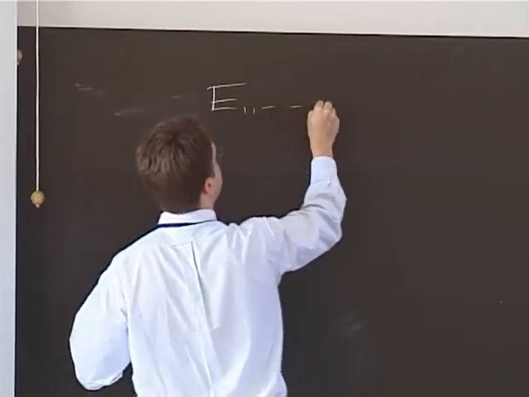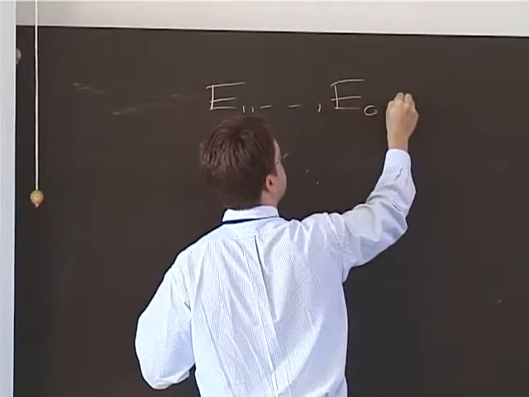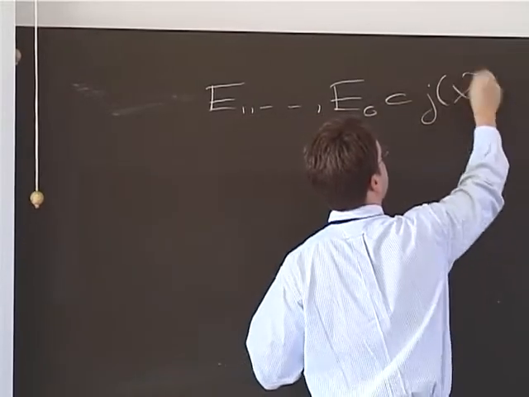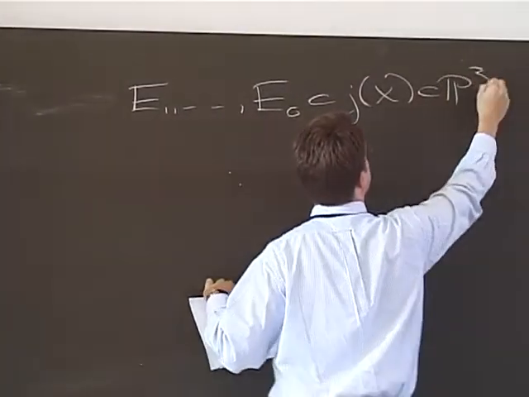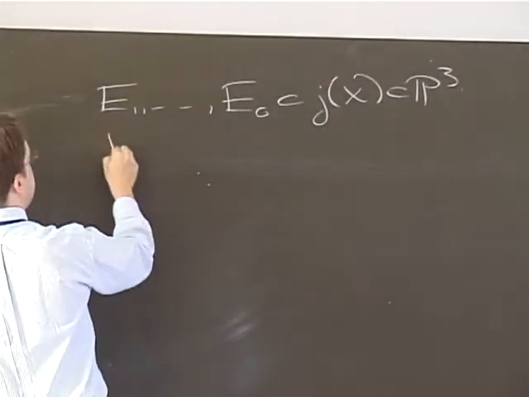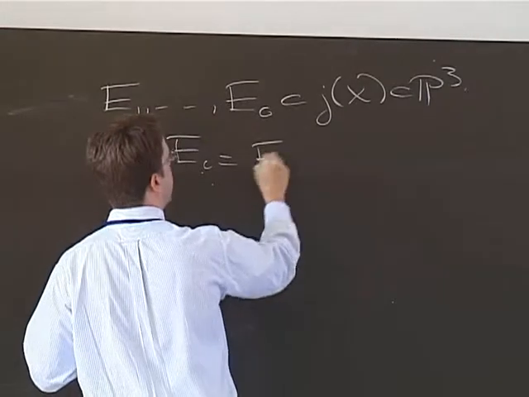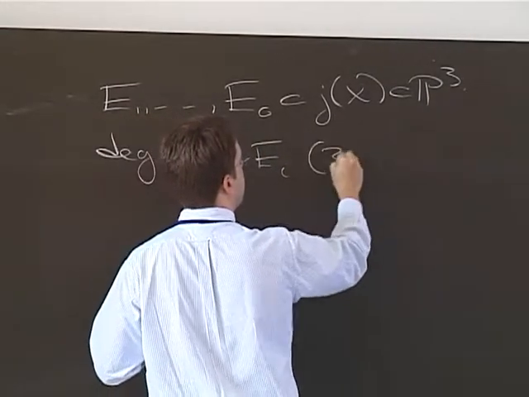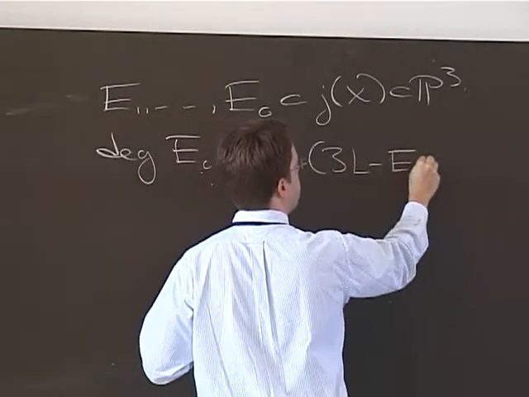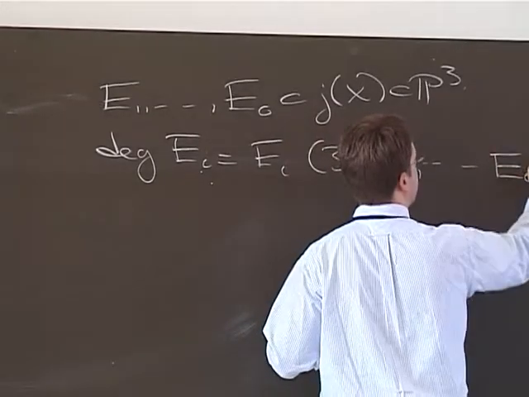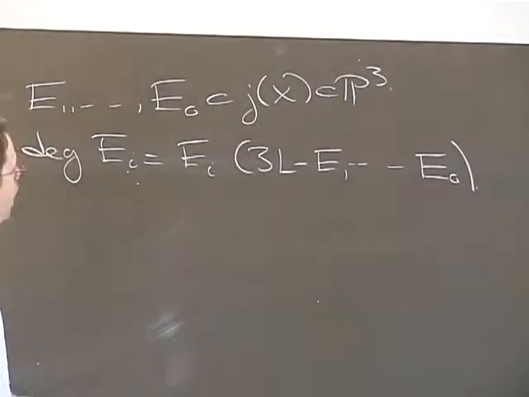If I take E1 through E6, and think of them as sitting in J of X, sitting in P3, the degree of each of these curves is easy to compute using our computation of the hyperplane class.